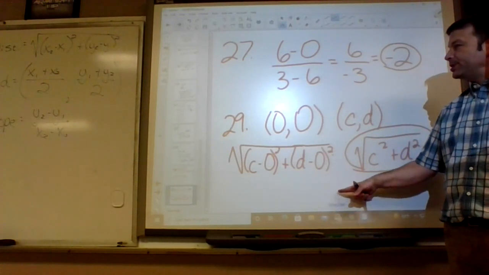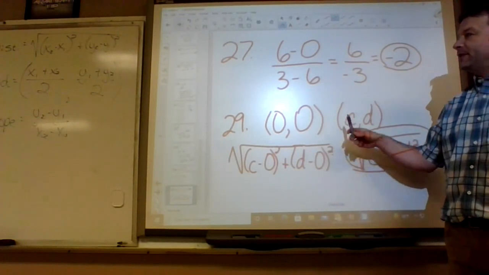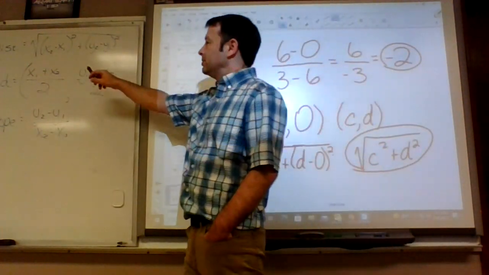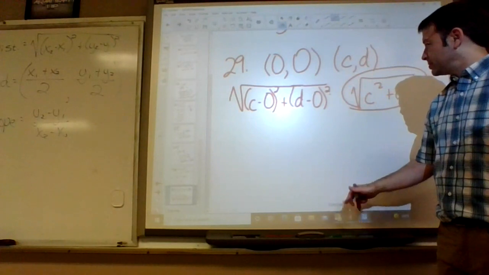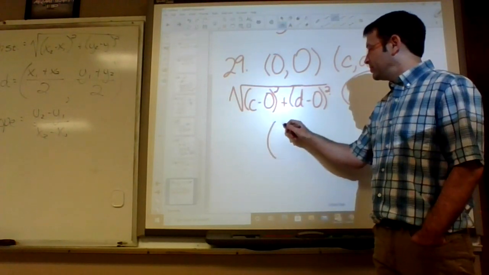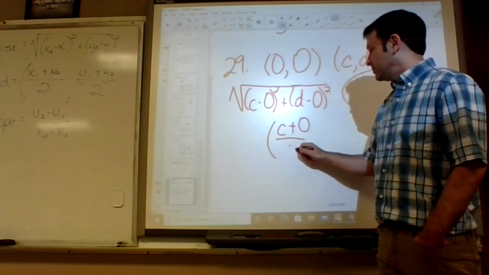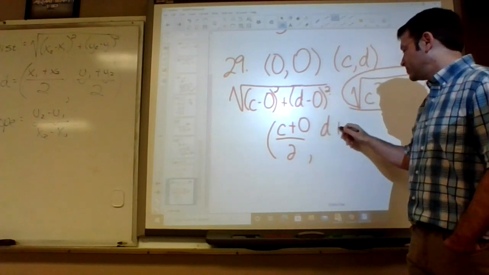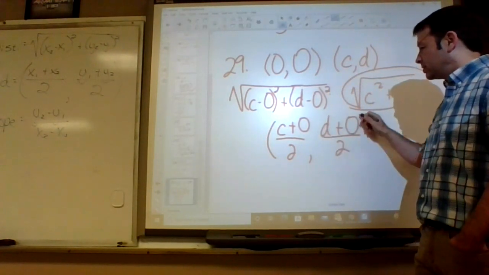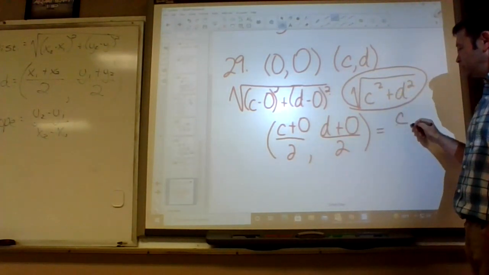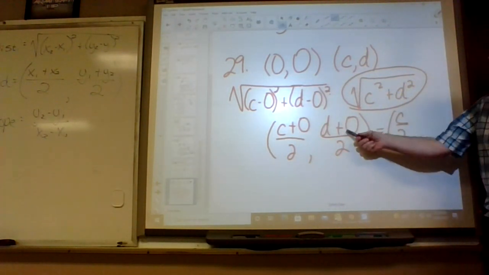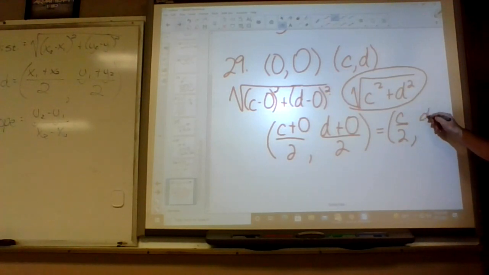Okay, and then midpoint. Midpoint was 25. That's where we add and divide by 2. So it's C plus 0 divided by 2, and D plus 0 divided by 2. C plus 0 is C, so it's C over 2. D plus 0 is D, so D over 2.